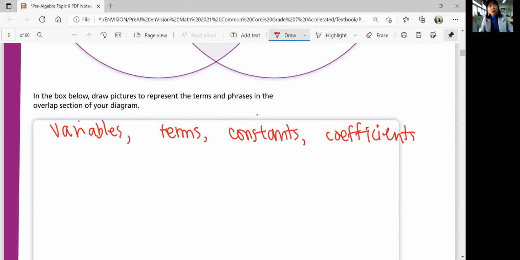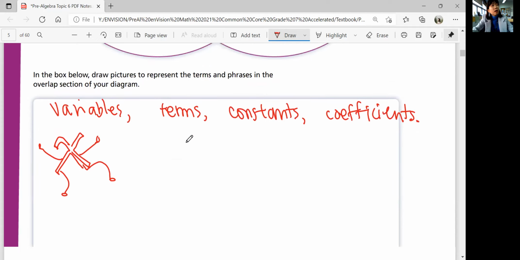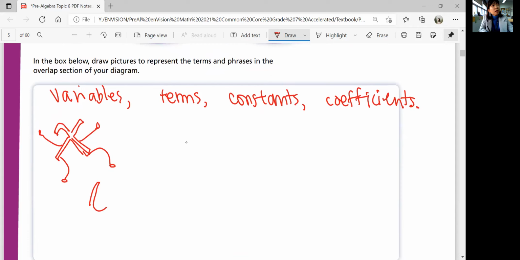So draw your own drawings, but I'm gonna draw variables as X, and then it has legs and arms. I'm gonna draw Y, okay, that has wings. It could be a silly drawing, that's fine, but make sure you know what they are.